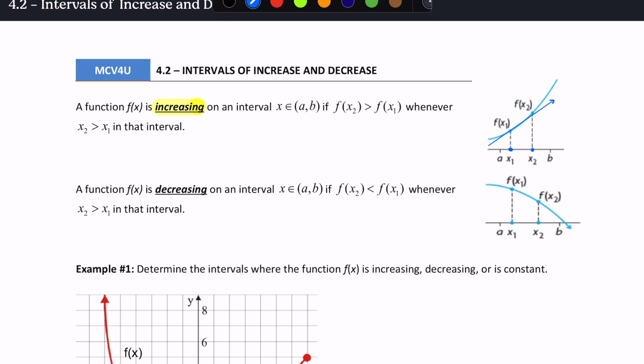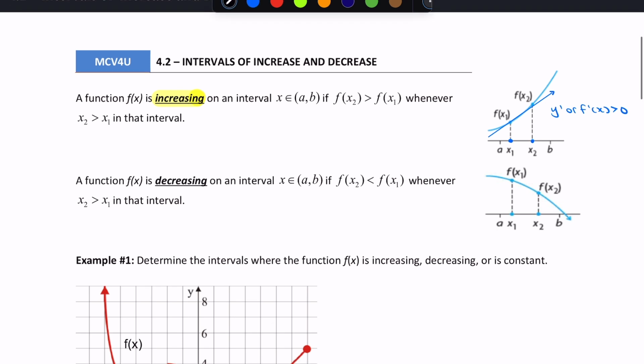So here we can write again that y prime, or f prime of x, is greater than 0. Since x2 is greater than x1, it means delta x, the change in x, is greater than 0, which means that there's a positive slope for the tangent.